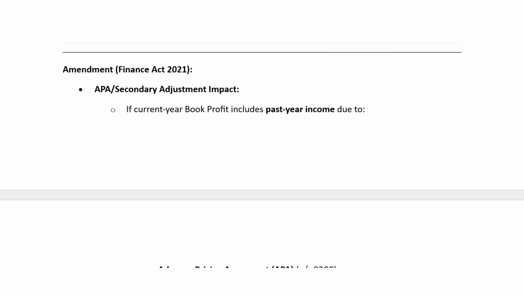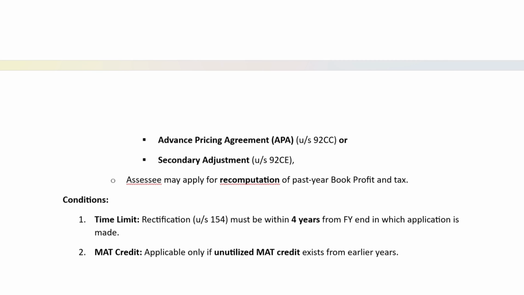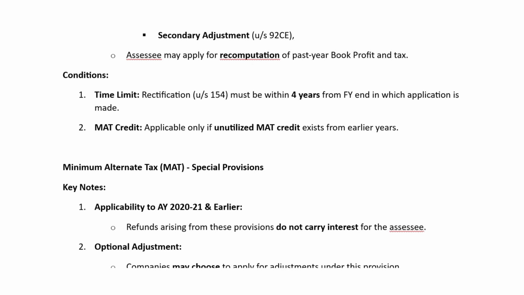So here we are understanding amendment as per Finance Act 2021. APA and secondary adjustment impact: if current year book profit includes past year income due to reasons like advance pricing agreement or secondary adjustments, the assessee may apply for recomputation of past year book profit and tax. What are the conditions? There is a time limit: rectification under section 154 must be within 4 years from the financial year end in which the application is made.